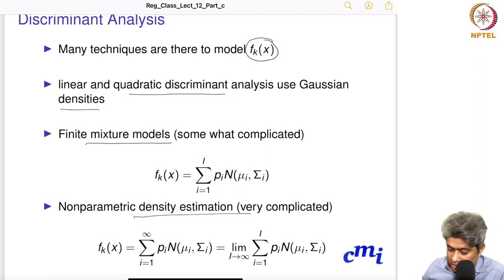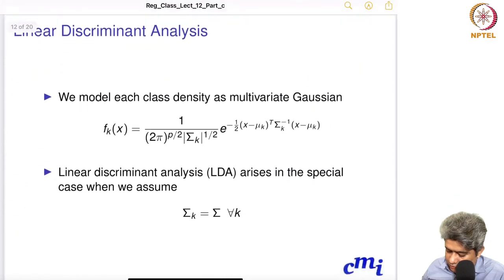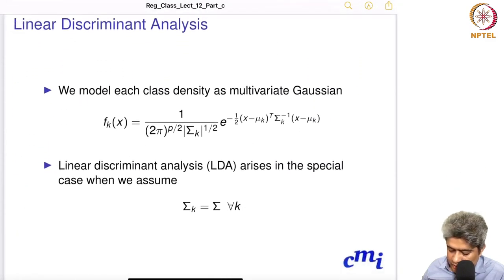A lot of models we can use, but in this course we will just assume Gaussian densities, and we will keep ourselves within linear and quadratic discriminant analysis. You can try some advanced modeling, but first we will check linear discriminant analysis.